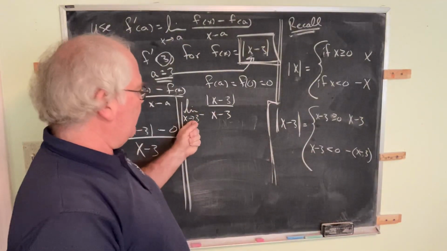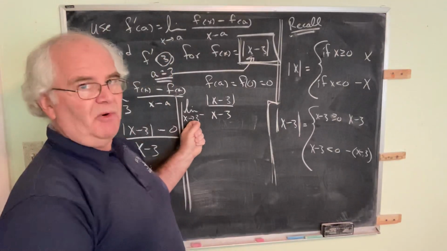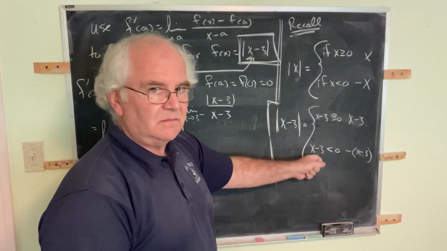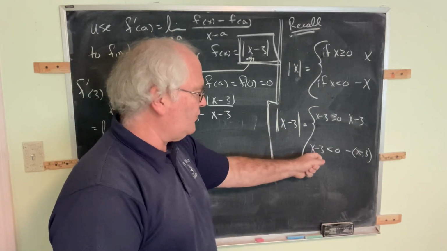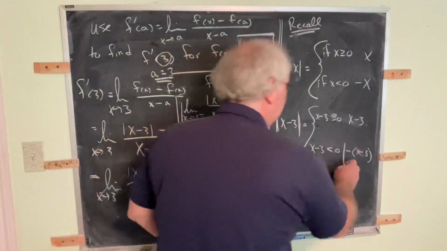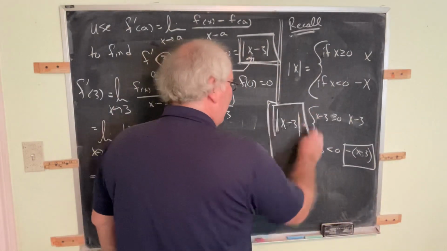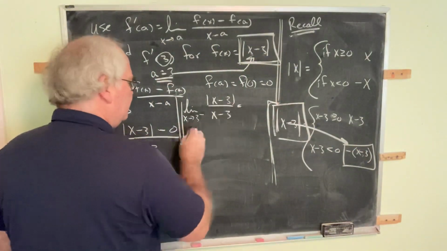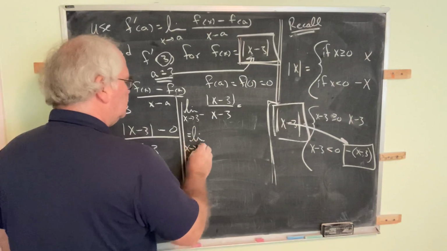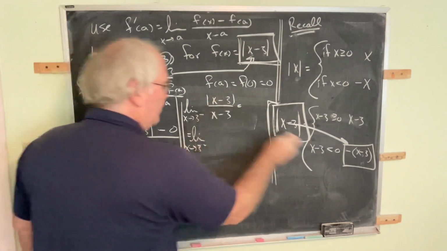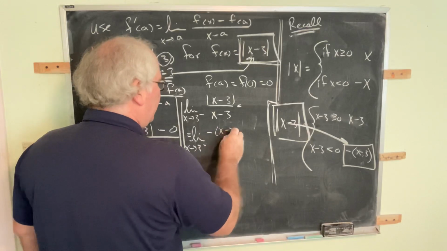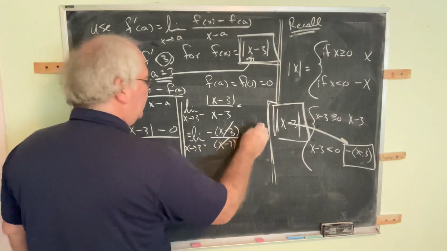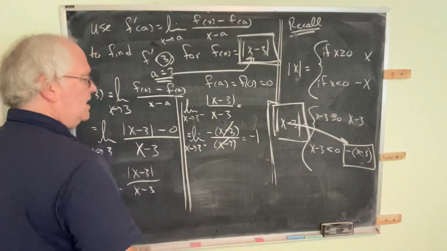For any number x minus 3 that is less than 0, when you approach from the left, you take the absolute value and replace it with the negative of that expression. So the numerator changes to negative parenthesis x minus 3, over x minus 3. They cancel, and you're left with negative 1. So the limit from the left is negative 1.